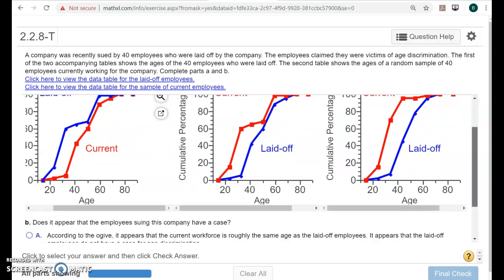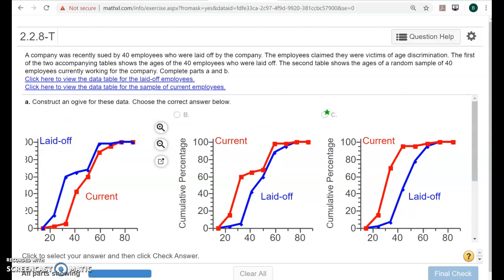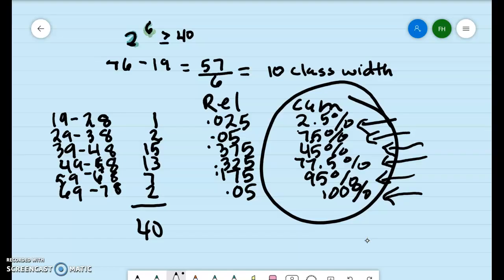So you kind of have to play around with it. What you want to do is find these numbers. This should be at the first point. This number should be at the second. This should be at the third, fourth, fifth, and sixth point. Those are your magic numbers that have to match the graph.